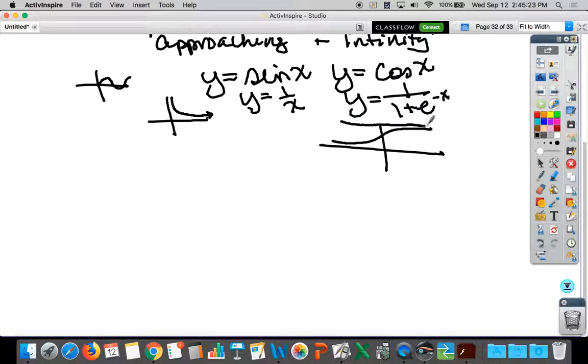It's going up, but it's not going to infinity. It's approaching a horizontal asymptote at y equals 1. So that's why these do not, even though this is supposedly going up, it's not going up to infinity. Okay? Any questions on that one?